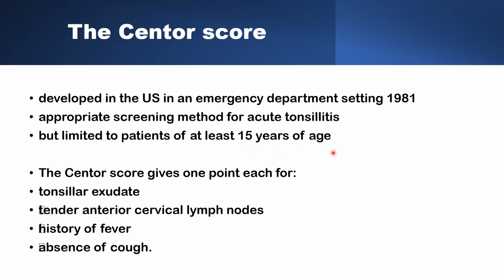The Centor score gives 1 point for each of the following 4 items: tonsillar exudate, tender anterior cervical lymph nodes, a history of fever more than 38 degrees centigrade, and absence of cough. So the maximum possible score would be 4.